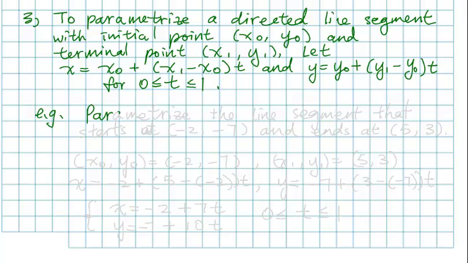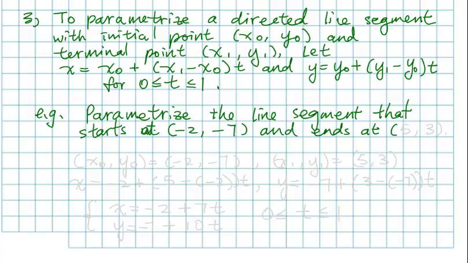For example, we parameterize a line segment that starts at -2, -7, and ends at 5, 3. In this case, x0, y0 equals -2, -7. X sub 1, y sub 1 equals 5, 3.